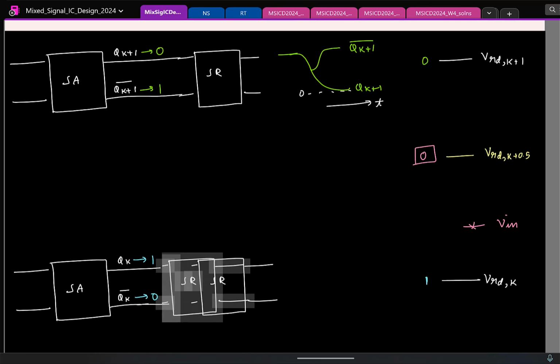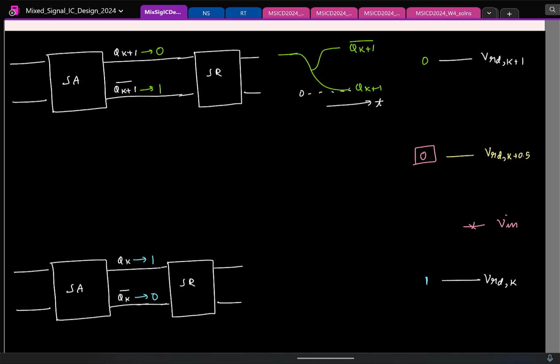If I try to draw the outputs of the bottom comparator, that will also be doing something like this. It will start from VDD, one of them goes to 1, the other goes to 0. But if I try to sketch both of them on the same graph, will there be any difference between the two, or will both of them look very similar? I mean, identical, or will there be any difference at all?